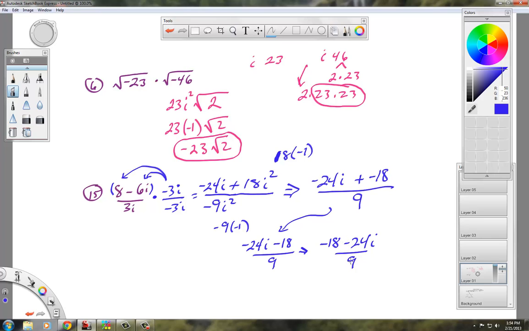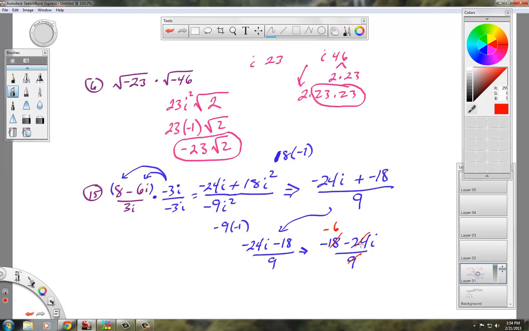And then if I have a common factor between the 18, the 9, and the 24, I'm going to divide these into it. Do that in red so it sticks out. What number can I divide into 18, 9, and 24? Looks like 3. So 3 goes into this negative 6 times.